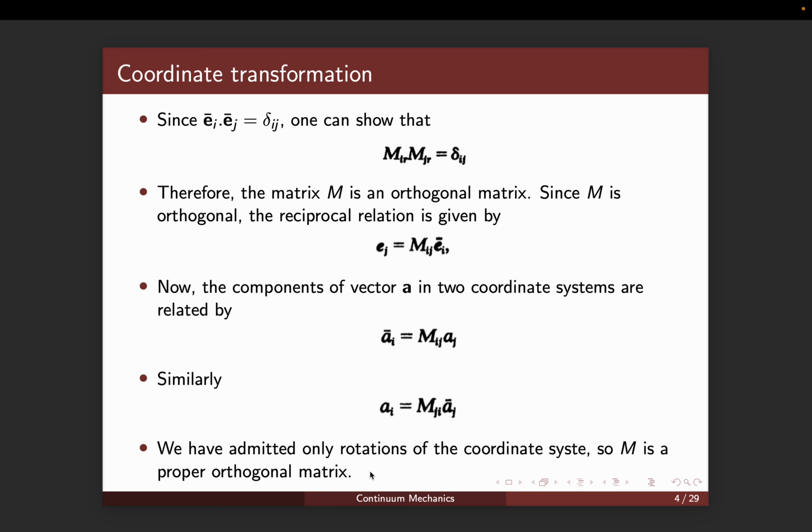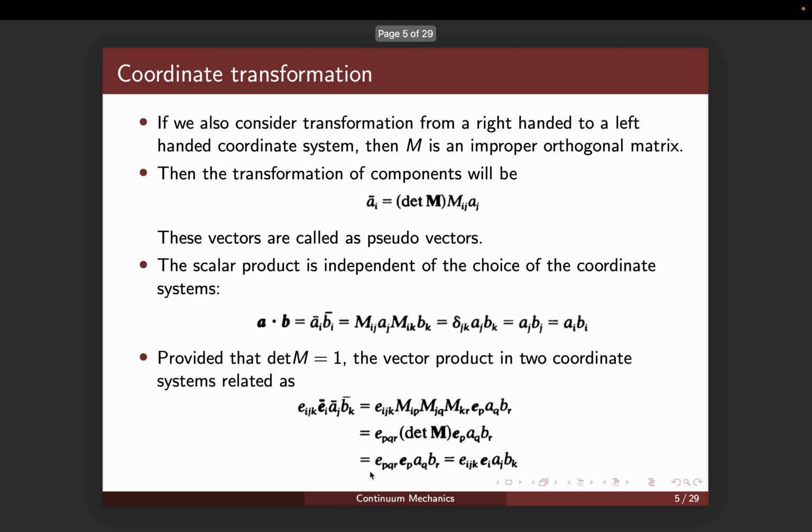If we consider a transformation from a right-handed coordinate system to a left-handed coordinate system, then the matrix M will be an improper orthogonal matrix. The vectors which transform under an improper orthogonal matrix are called pseudo vectors.